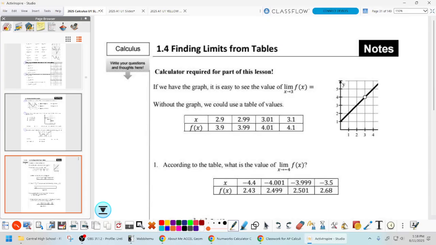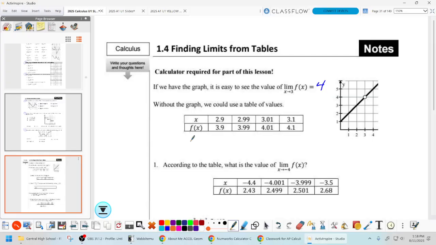All right, so next is just the same kind of idea, only from a table. Which hopefully, as you're thinking table, you're thinking, yeah, that's definitely more work, or could be. So if we have the graph, it's easy to see the value. Like here, the limit as x approaches 3 is 4.